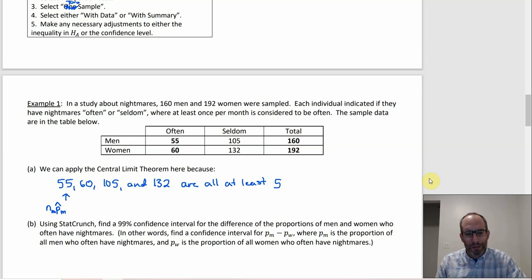So NM times PM hat, it would be the 55, right? Because you could say, well, the number of men is 160, the sample proportion is 55 over 160, but then 160 times 55 over 160 is just 55. Right, because the 160s would cancel out. And it's easier just to pull them out of the table and just go, yeah, the 55, that's one number of successes, the 60 is the other one, and then the 105 and the 132 are the numbers of failures. So I think that's easier.